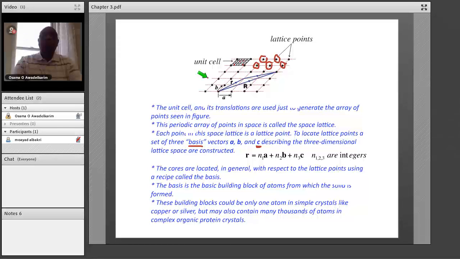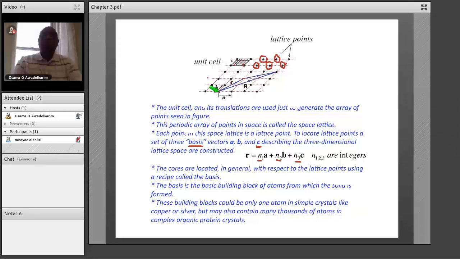And as I've just shown you in the previous slide, the position R, like this one here, of any lattice point can be written in terms of integers n1 and n3, which define the location of the point with respect to an origin here.